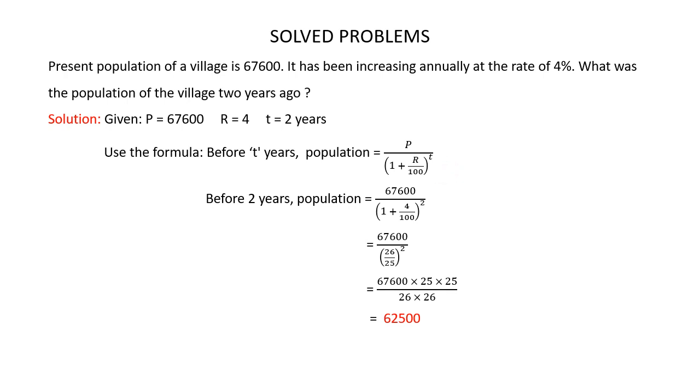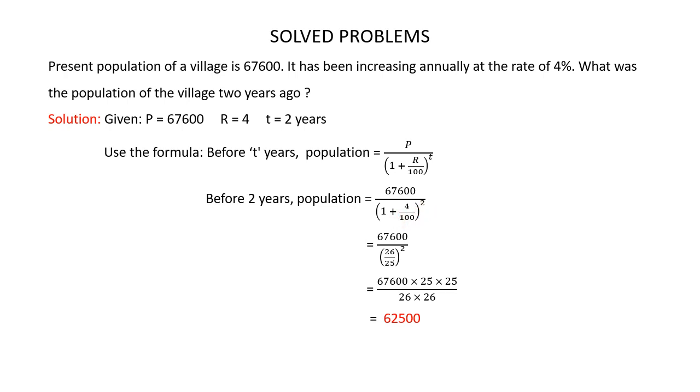Now we know that t is equal to 2. So before 2 years the population was 67,600 divided by (1 plus 4 upon 100) the whole squared. Now here the LCM is 100. So 1 plus 4 upon 100 is 26 by 25. So 26 by 25 the whole squared.